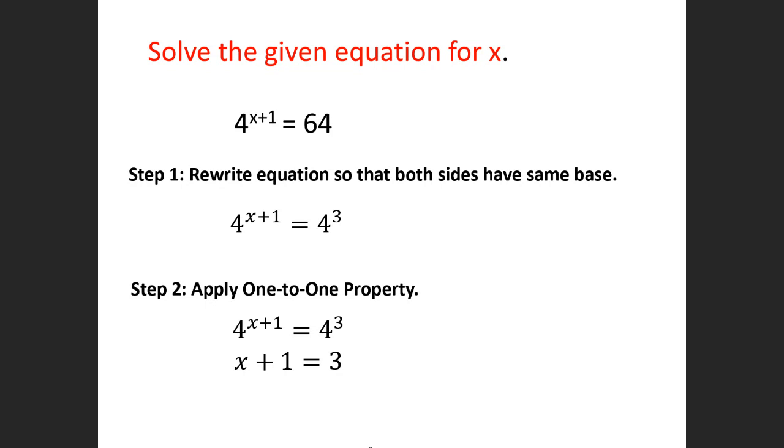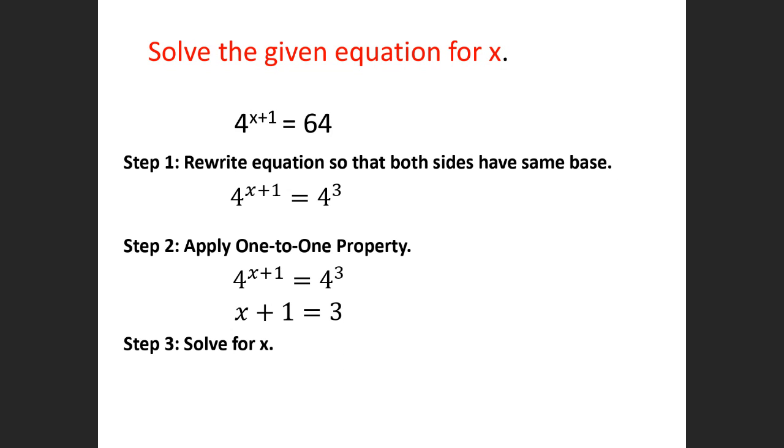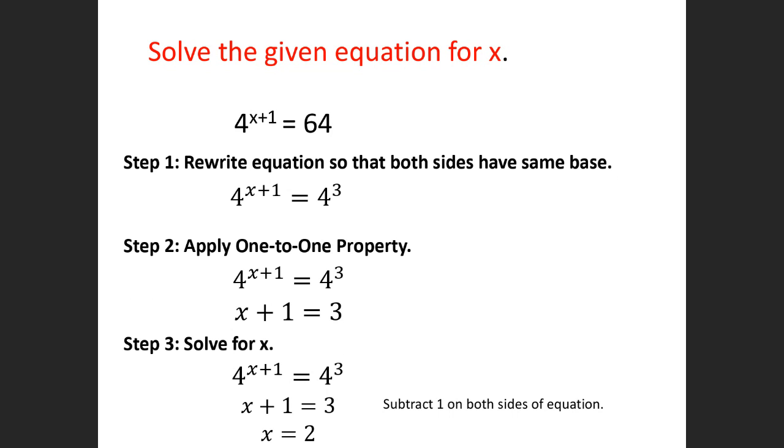To solve for x, I'm just going to subtract 1 on both sides. It's a plus here, so this should be a negative, not a plus. Okay, so this is negative. So when I subtract the 1 on both sides, 3 minus 1 will give me the 2. Okay?